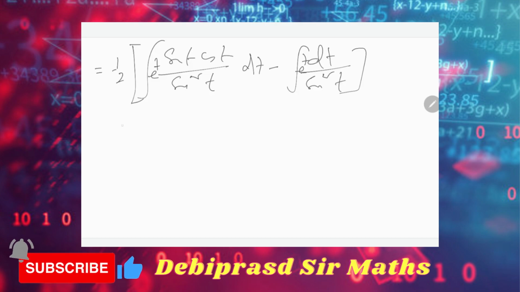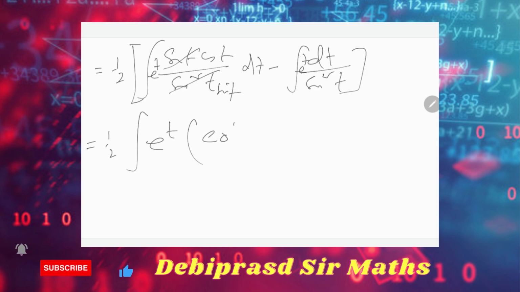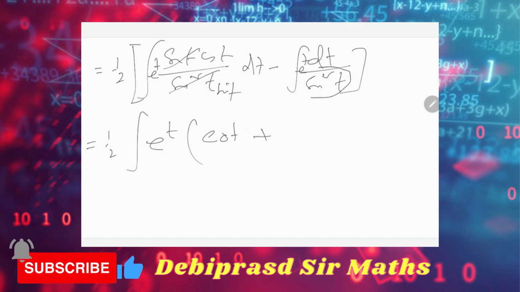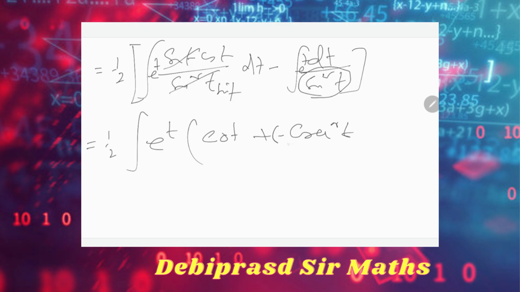So I will write 1 by 2 e to the power t, this one will be sin t, that means cot t, plus this is sin square, so it will be cos square t, before that minus sin.